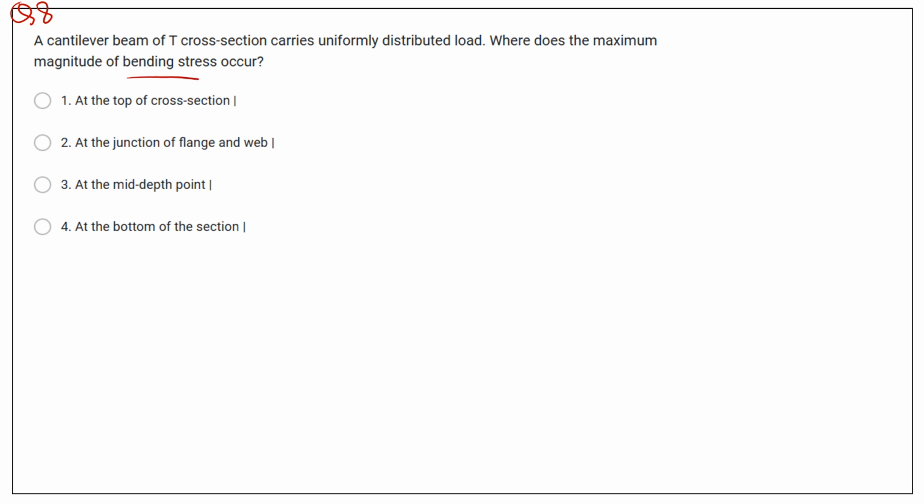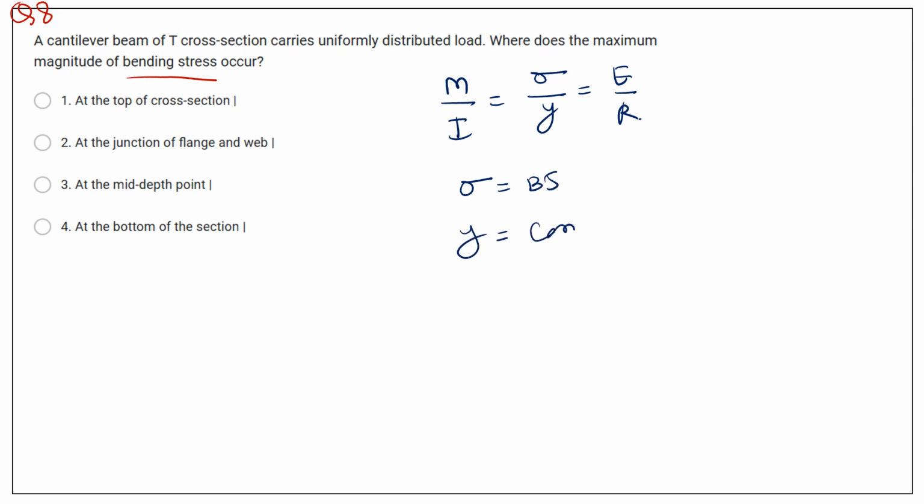For bending stress, there is one formula, M by I equals sigma by Y equals E by R. Here sigma is the bending stress and Y is the centroidal axis distance from the extreme fibers, and here sigma is directly proportional to Y.